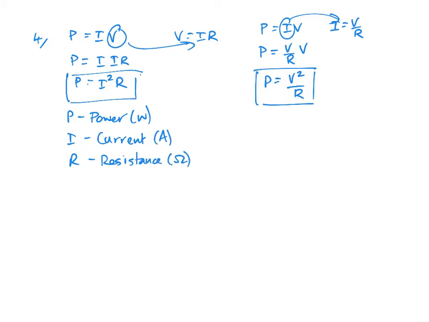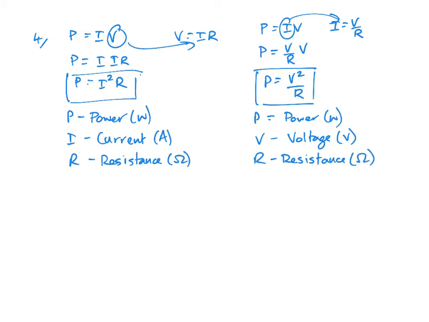If current is in milliamps, it should be converted to amps, etc. And basically you've now covered kind of any possible combination of values that you might know in a circuit. Deciding which one is appropriate just comes down to what you know in each individual question.